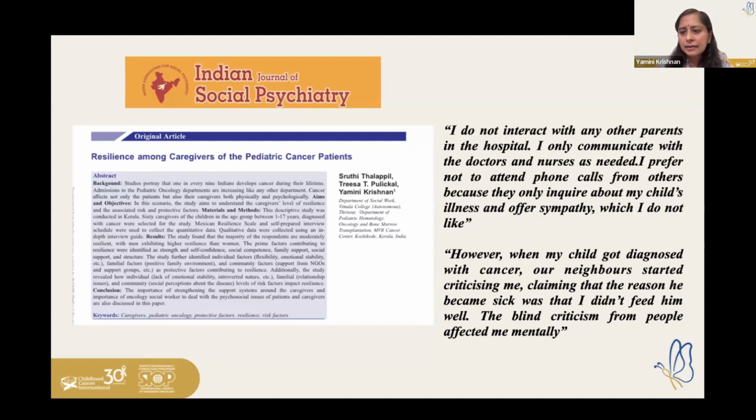And they critically blame me for the child becoming sick. They say that probably it's because I didn't take care of the child properly." So definitely these aspects cause social isolation of families with a child affected with cancer, and this would affect the reintegration process of our children.